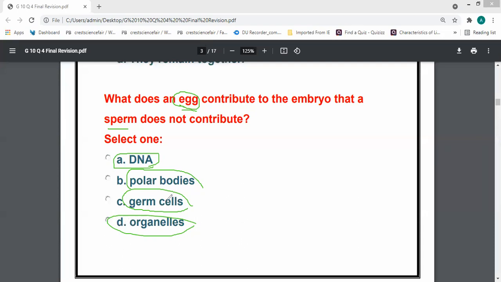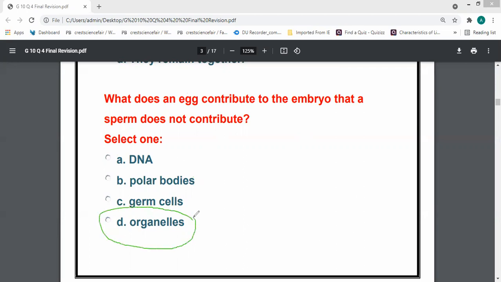The sperm just contributes the DNA to the embryo, no organelles. So our organelles come from our mothers. Okay. You got it, Jumana?